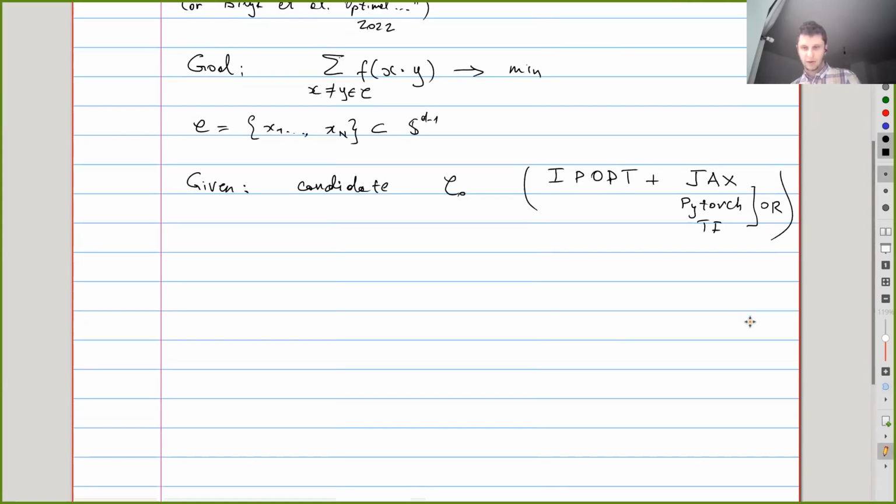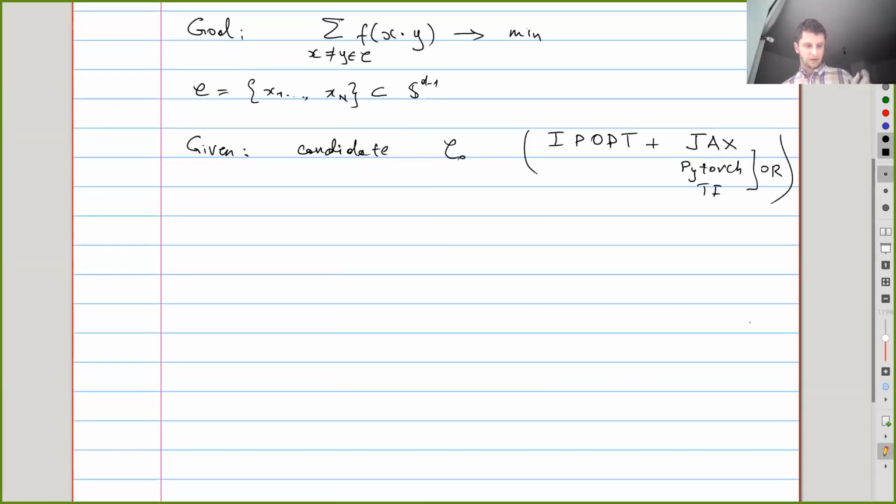How do you show that C0 is optimal? All you have to do is consider one line of inequalities. Let's say C star is the true minimizer. This is the actual minimizer. You don't have it. You would like to show that C0 equals C star.